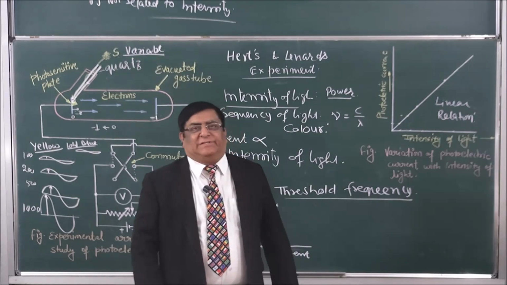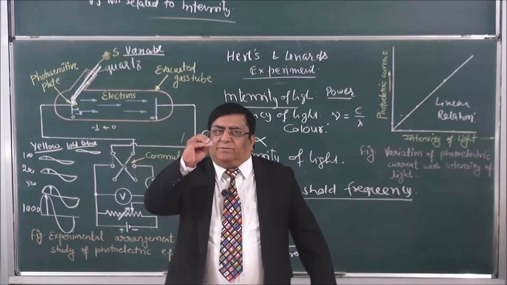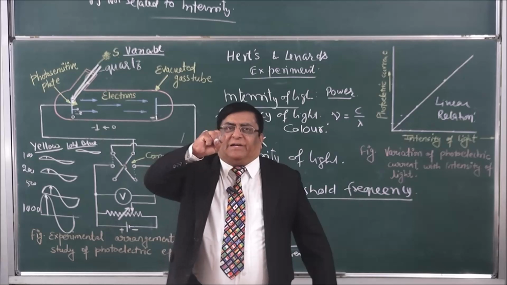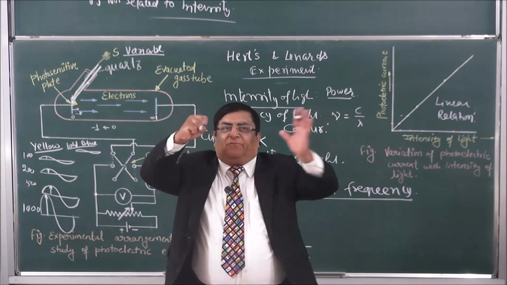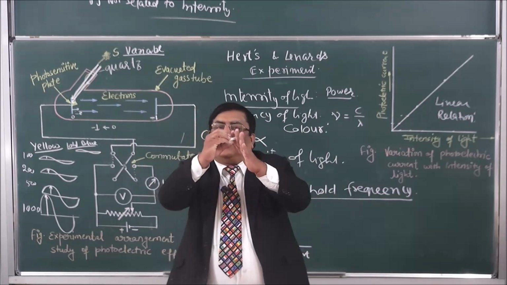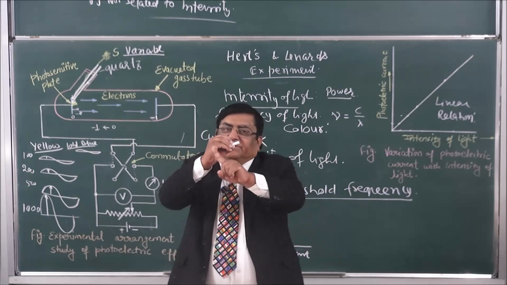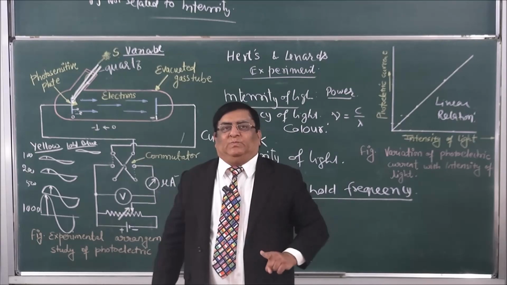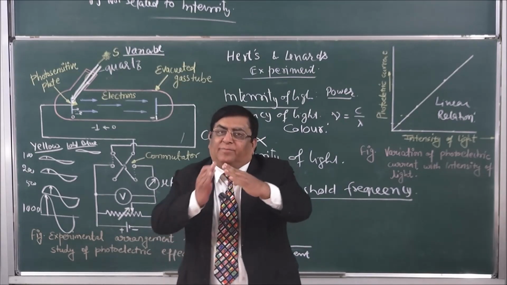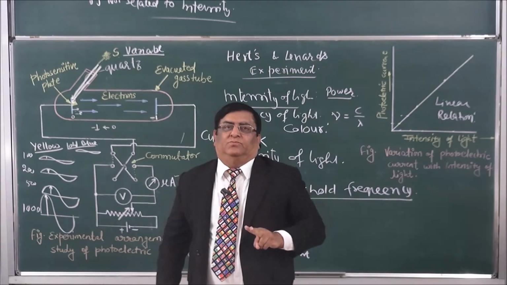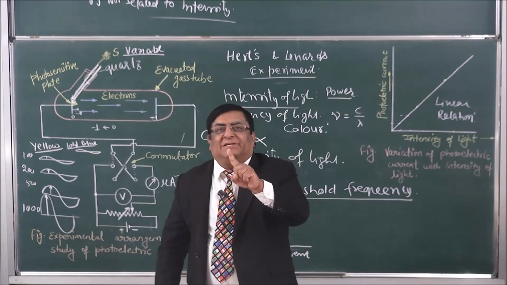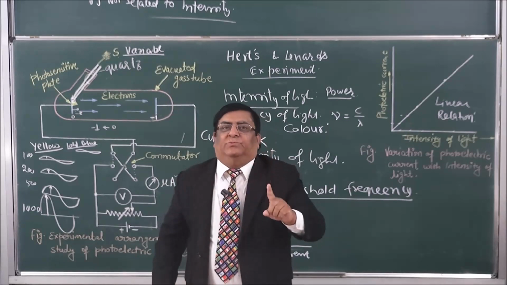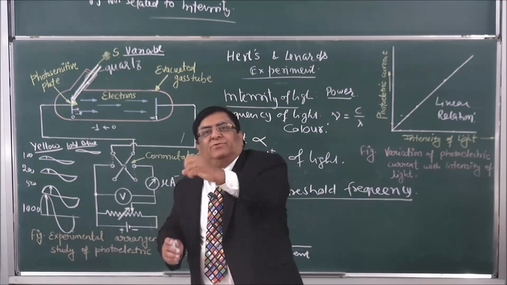The photon theory says that each photon has got a packet of energy, and that packet when it falls on one electron, the energy is transferred to electron. How much? H nu. One photon cannot be cut into two. Therefore, that energy cannot be cut into two. The whole energy will be given to electron.